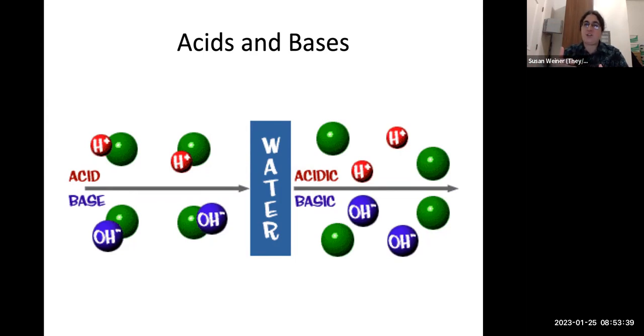For pOH, the lower the pOH, the more basic it is, and the more OH ions there are. Most of the time, we just talk about pH, not pOH. And so a number higher than 7 means it's more basic, means that there's more OH minus ions than H plus ions. A number lower than 7 means that it's more acidic, that there's more H plus ions than OH minus ions.